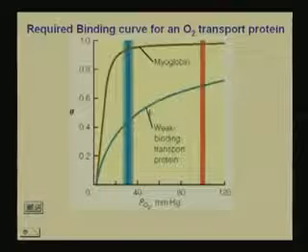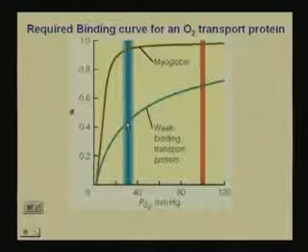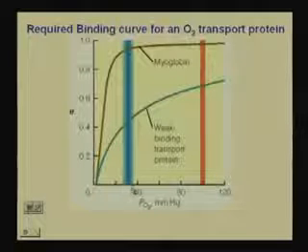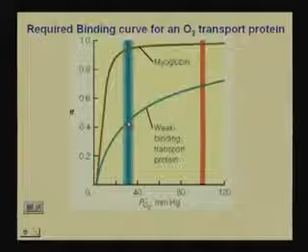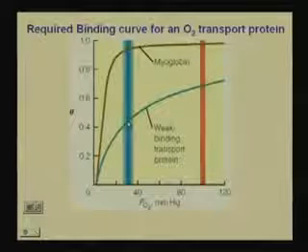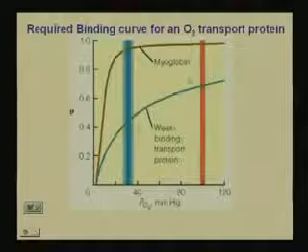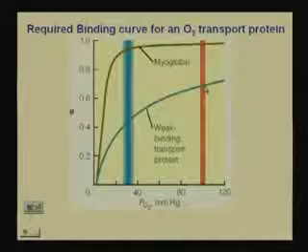It is going to be efficient in releasing the oxygen, right? Because at the partial pressure of oxygen in the tissues, it is low, the saturation is low, so it will release the oxygen. But it is not very efficient in the binding, right?